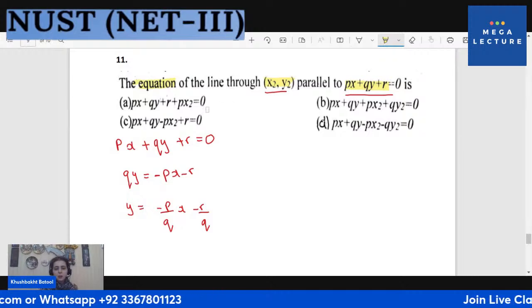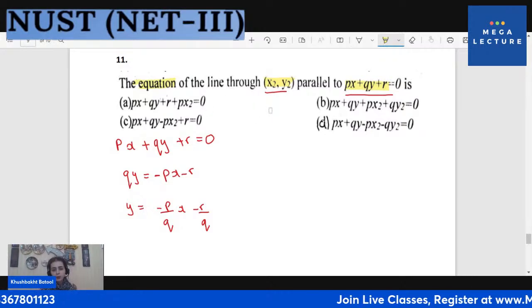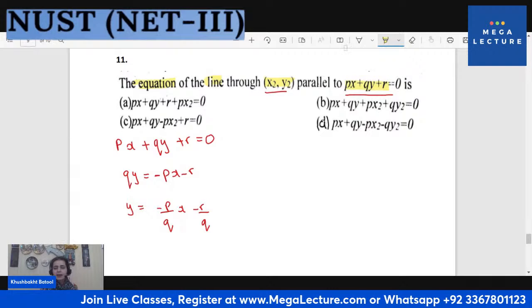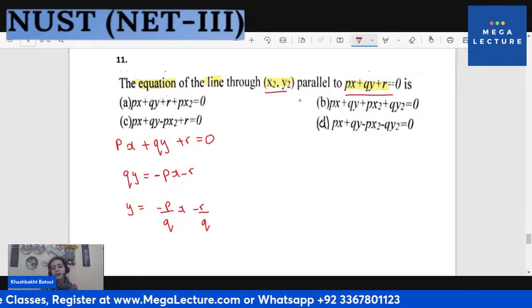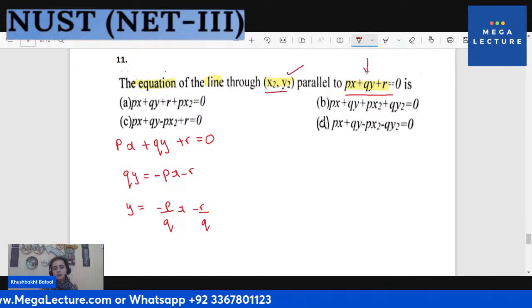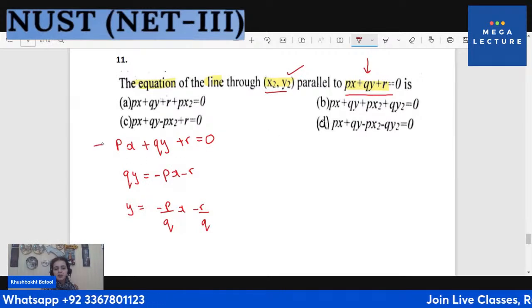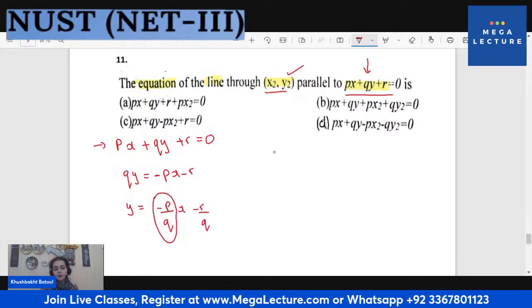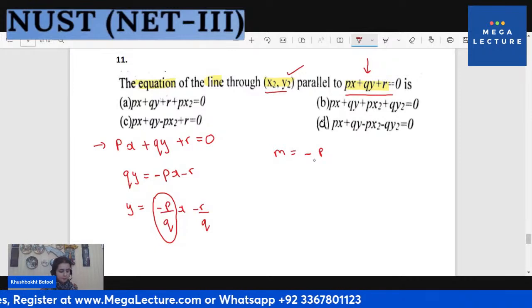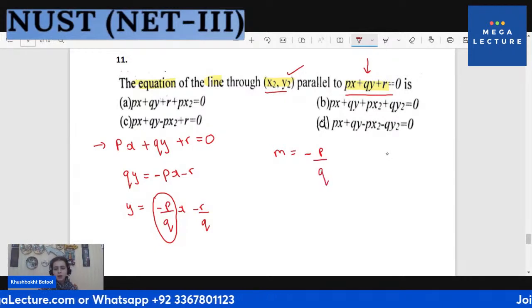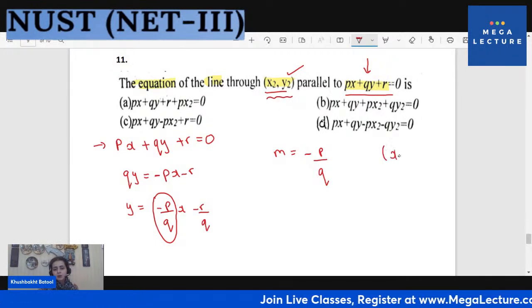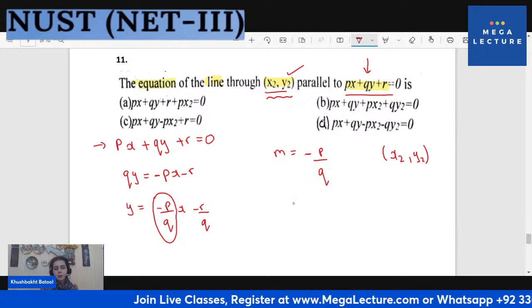So it is the equation of the line through x2, y2 parallel to px plus qy plus r. In order to find the equation of any line, I need to have the slope of that line and a point on it. I have the point on it. Using this, I will find the slope of the line. So it is px plus qy plus r, and I'll make y the subject. So it is going to give me minus p by q as the slope. m is going to be minus p by q, and the point is going to be x2 and y2.